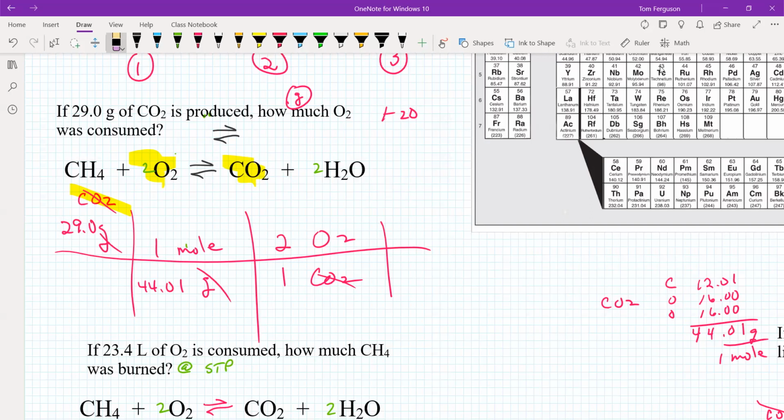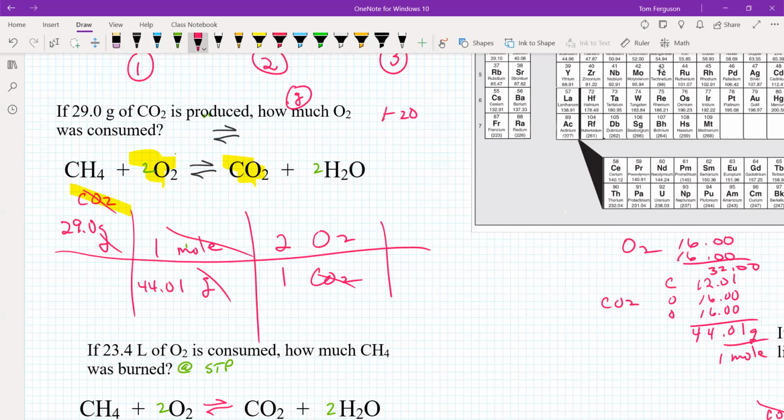Now we have moles of oxygen. Now we need to go from moles of oxygen to grams of oxygen. And oxygen is O2. That means it's 16 twice. So it's 32 grams.